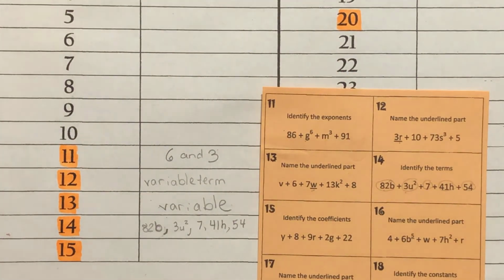Number 15, identify the coefficients. I chose this one specifically because you've got one variable with no number in front of it. So you have a choice on that one. You can either say it has a coefficient of 1, which it does, or you can say it has no coefficient because there's nothing written there. It's up to you, because in algebra, remember, anytime there is a number implied but not written, you know it's the number 1.